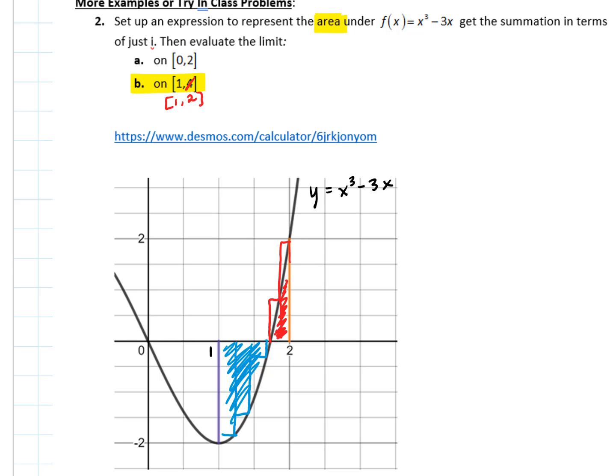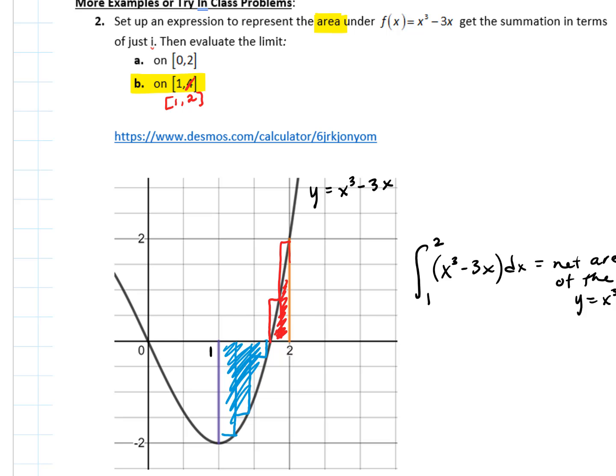When we add all those up and take the integral from 1 to 2 of x cubed minus 3x dx, what that represents is the net area of the curve y equals x cubed minus 3x.